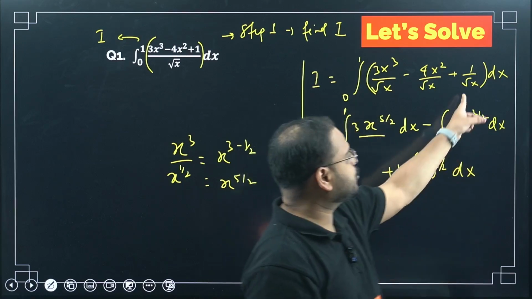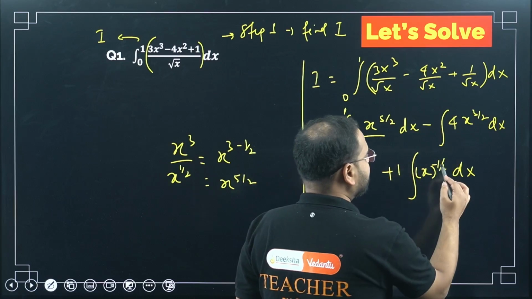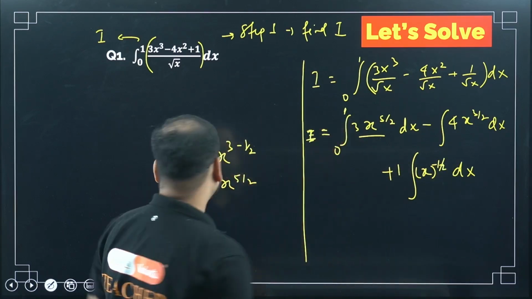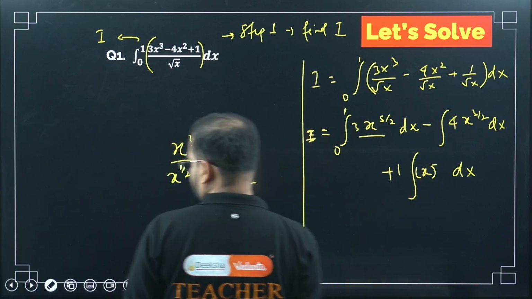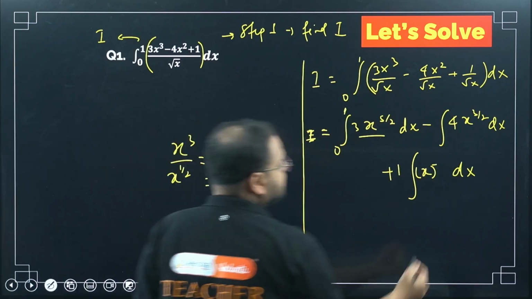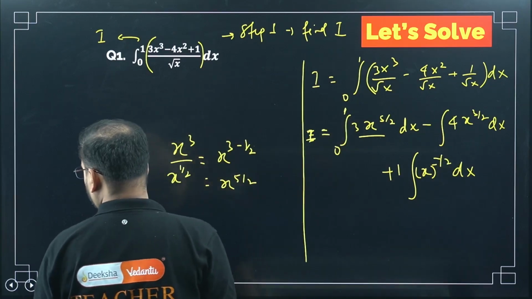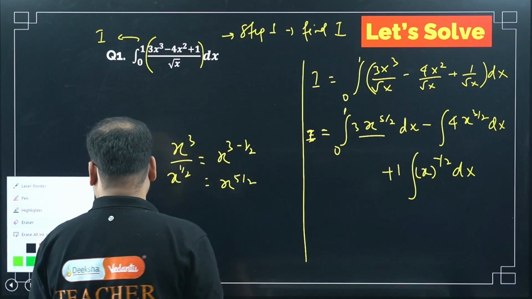Because root x is in the denominator, it will go up and become minus 1 by 2. Visible? Last part is not visible, so let me rewrite it. No confusion is allowed. Minus 1 by 2.